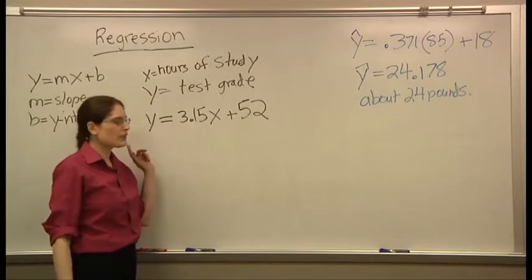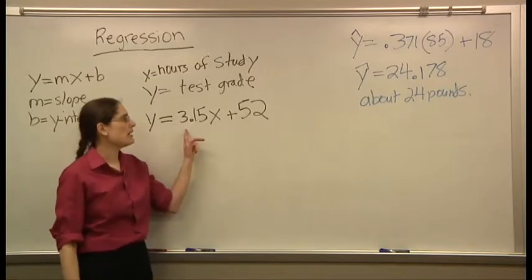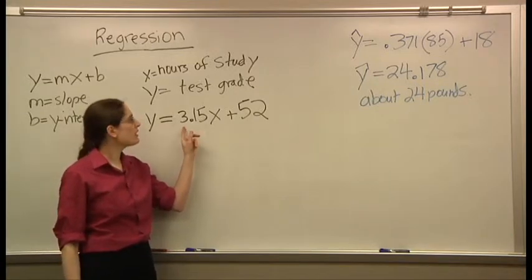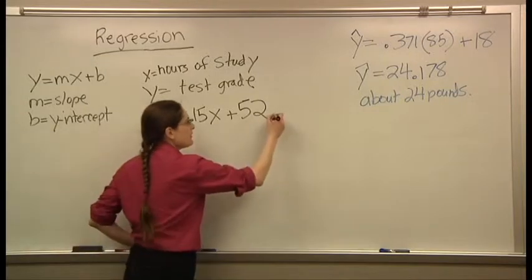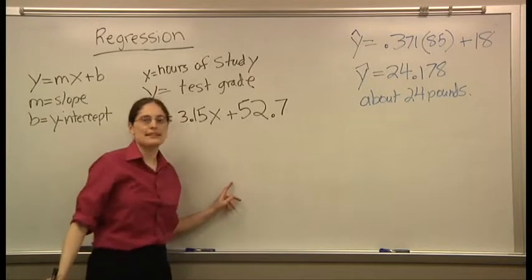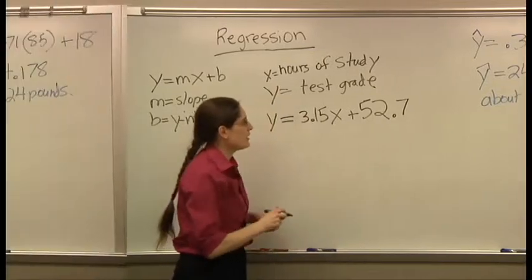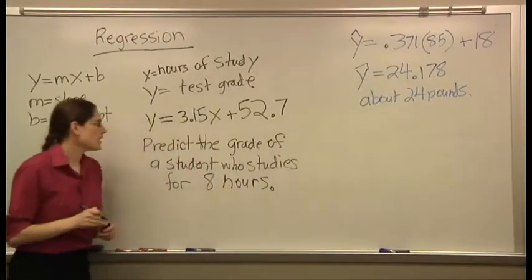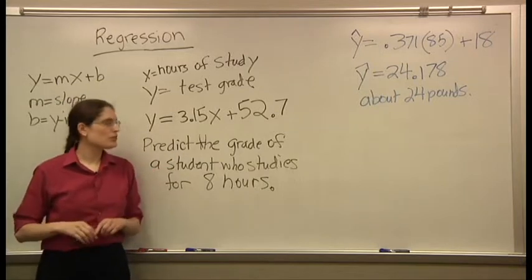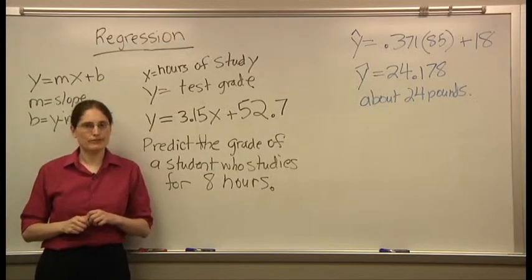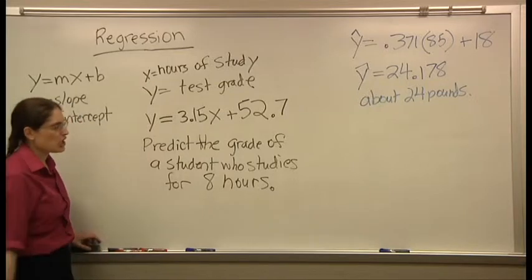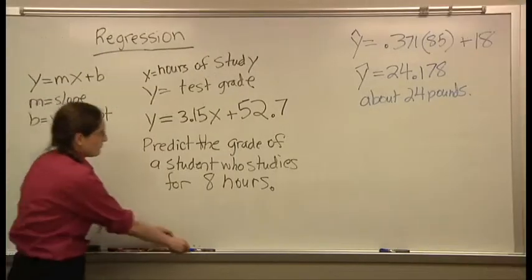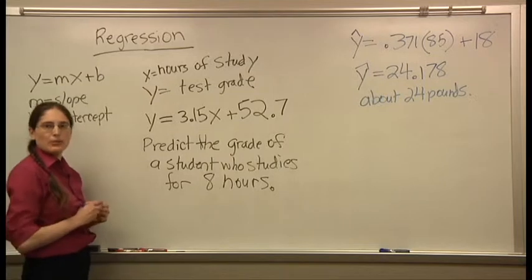And I find there is a positive relationship, and the formula is 3.15x plus 52.7. Predict the grade of a student who studies for 8 hours. It's a pretty hard test. I got 77.9.